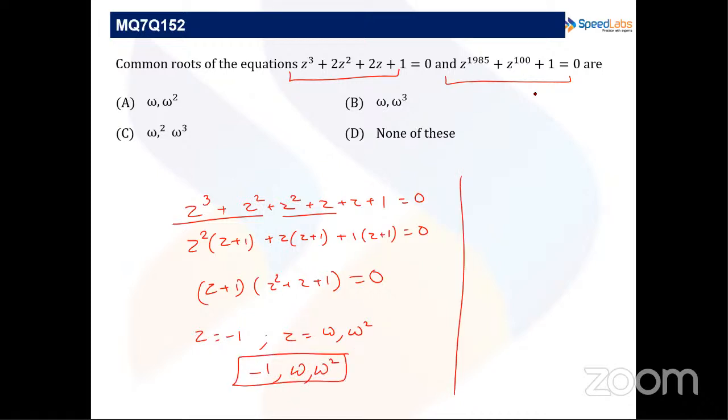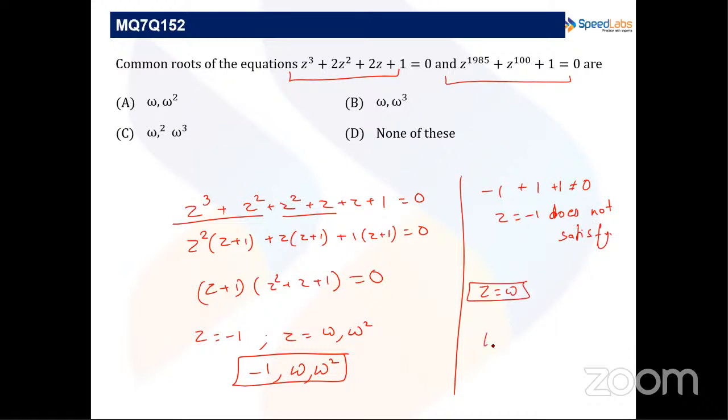Let's check it for the second equation because the two roots should be common. Putting z equals minus 1, we get minus 1 to the power 1985, that is an odd number, which will give us minus 1, and minus 1 to the power of an even number will give us plus 1, plus 1. This quantity is not 0, so z equals minus 1 does not satisfy. Now z equals omega.